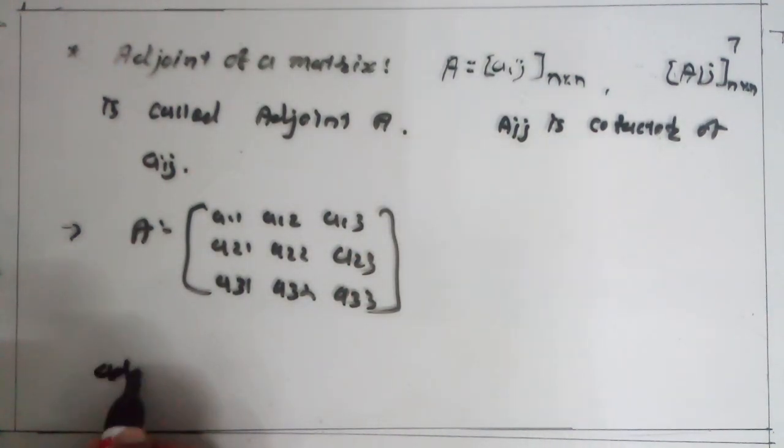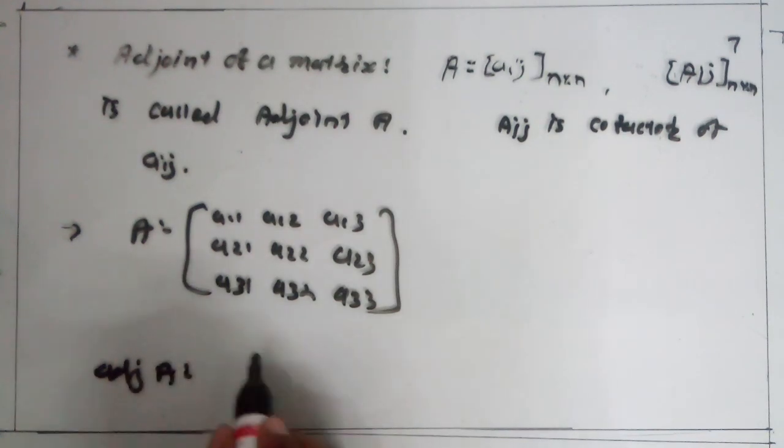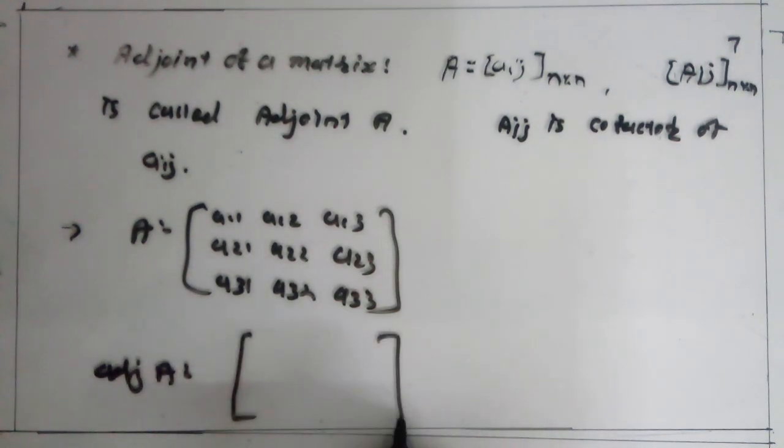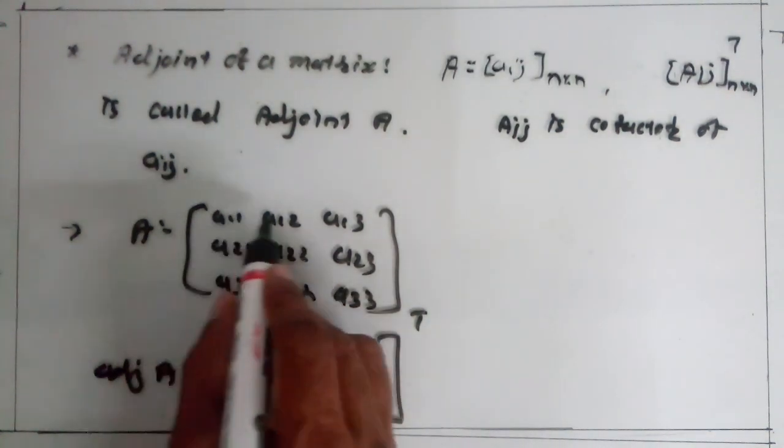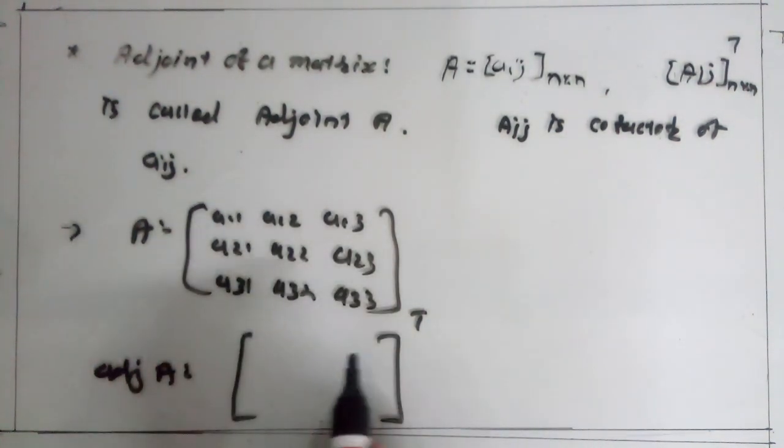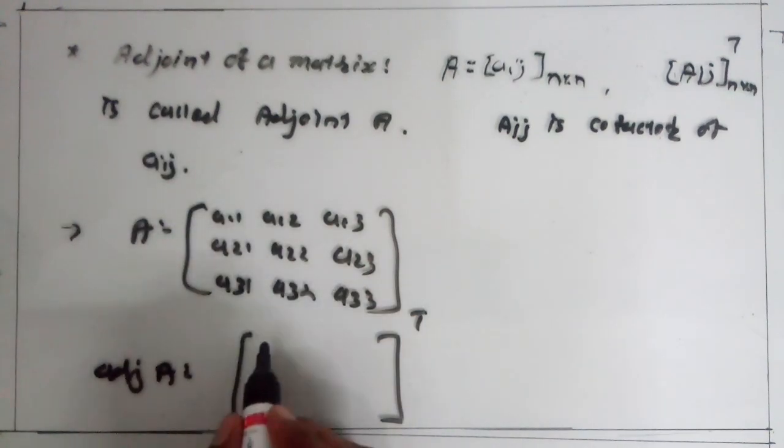The adjoint of A is equal to the transpose of the matrix obtained by replacing each entry of the given matrix by its cofactor.